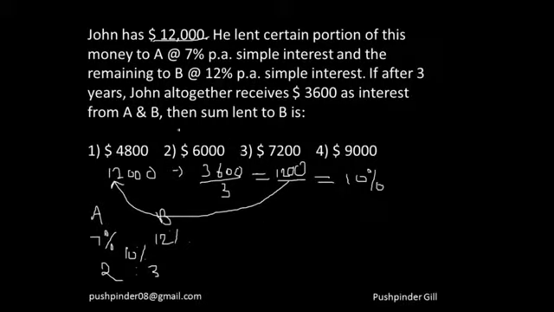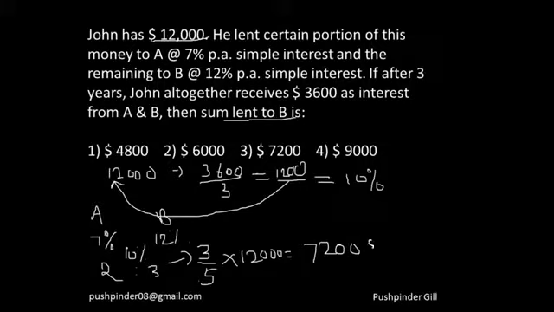Now he is asking what is the sum lent to B. The part of the ratio lent to B was 3 by 5, and 3 by 5 of 12,000 will give me how much sum was given to B. If you calculate it, it comes out to $7,200. So you see how easy the question became.